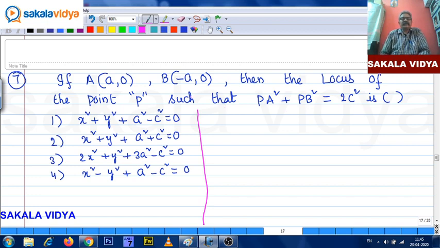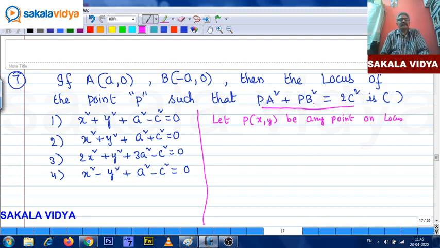So, that means let us say P(x, y) be any point on the locus, such that PA square plus PB square is equal to 2c square, where A is (a, 0), B is (-a, 0).